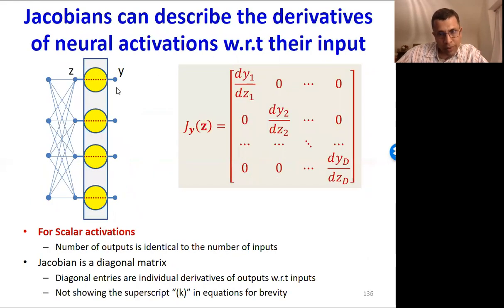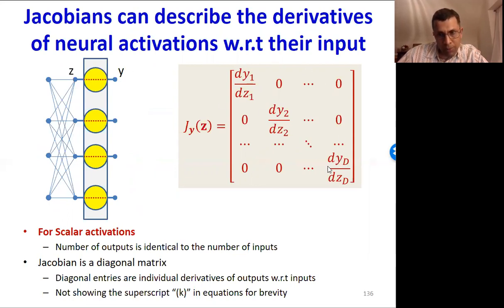Now, if you have a network in which you have an activation function which operates on this affine combination and produces the outputs, and the activations are a set of scalar activations, then each y only depends on the corresponding z. The y doesn't have any dependence on the other z's, so the derivative of any y with respect to the other z's is 0.